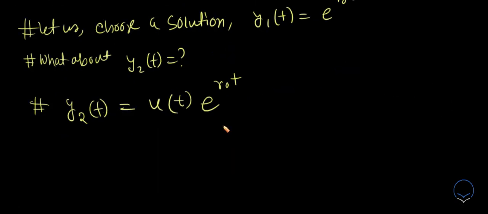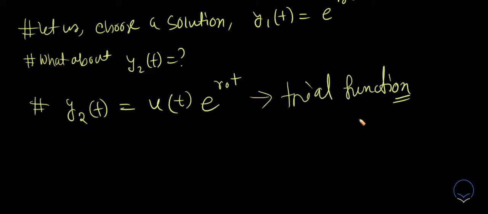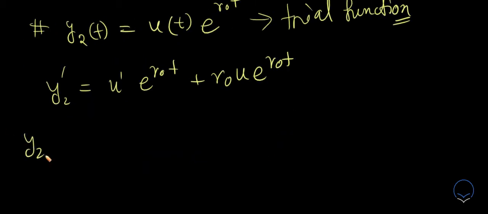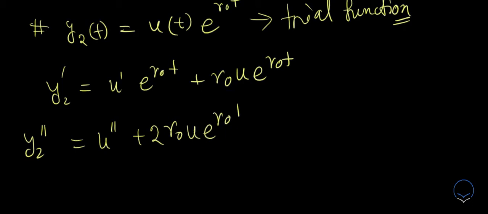If you choose such a y, this is also called a trial function. We are trying this, that's why we're calling it a trial function. If you take the first derivative, this will be u prime e to the power r0 t plus r0 u e to the power r0 t, and then the second derivative will be u double prime plus 2 r0 u prime e to the power r0 t plus r0 squared u e to the power r0 t.